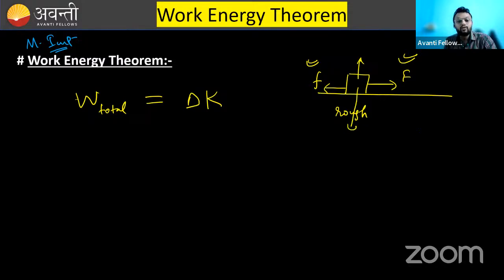The sum of all these work done is equal to the change in kinetic energy. So total work done means you need to check all the work done, all the sources of force. You must write: total work done is equal to K final minus K initial.